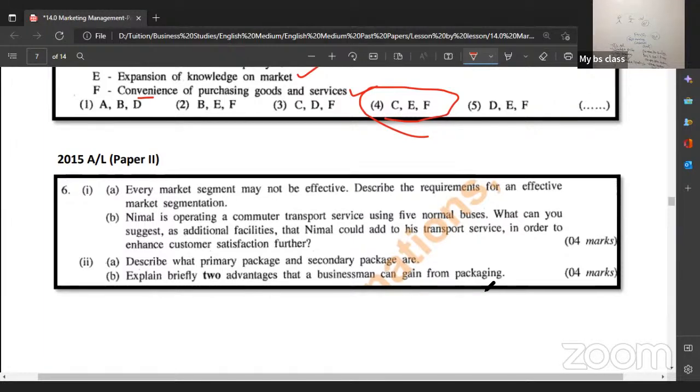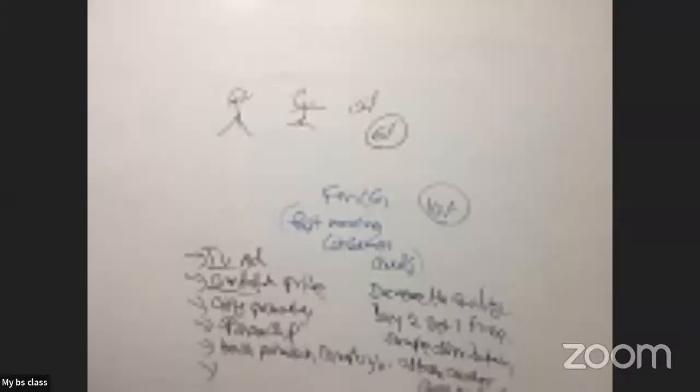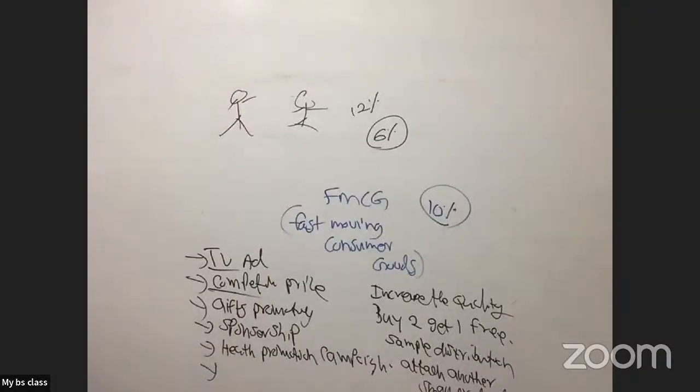Let's move to the next one, which is part B. Nimal is operating a commuter transport service using 5 normal buses. What can you suggest as additional facilities that Nimal could add to his transport in order to enhance the customer satisfaction? Right? Guys, what are your suggestions? It's a transport service. You have 5 buses.